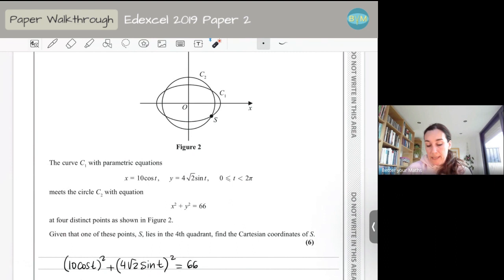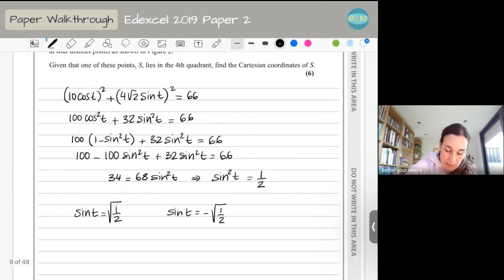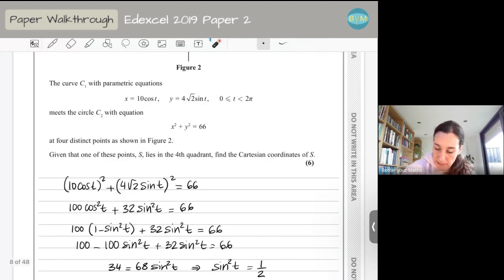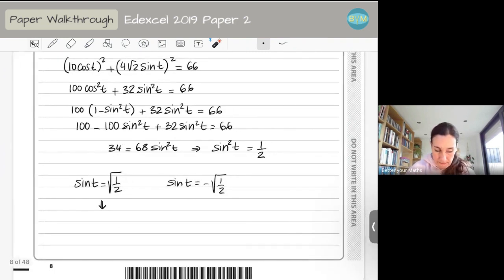But they are asking me for this particular solution, this solution in the 4th quadrant, so I'm going to find the value. Let me do this one with the calculator. In radians, because they say the interval for the parameter is 0 to pi, which means we are working in radians, I have pi quarters. So t is going to be pi quarters. And in this case, it will be minus pi quarters. T is minus pi quarters.